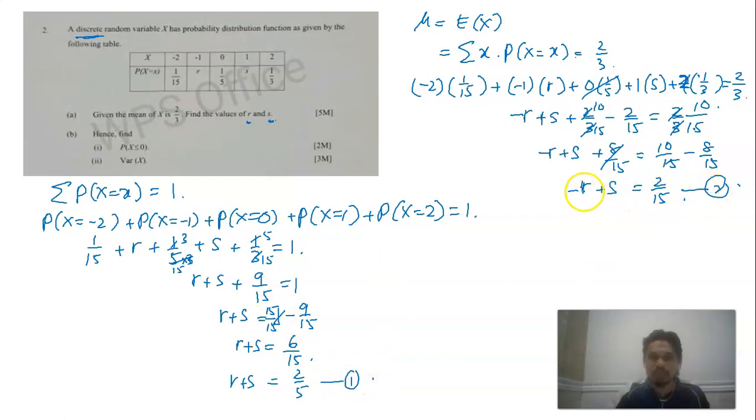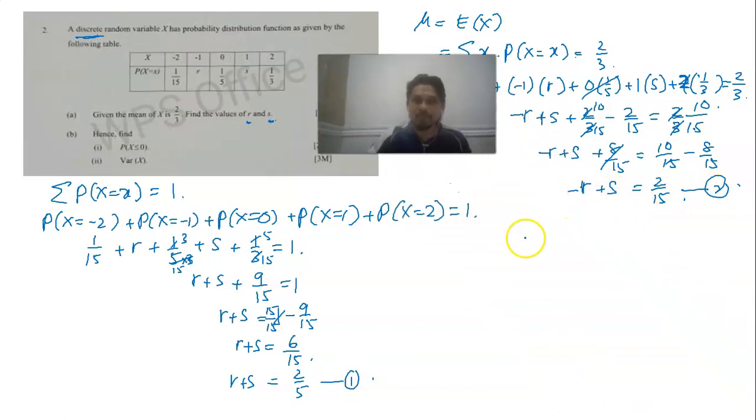What we have right now is two equations, equation 1 and equation 2, and two variables, r and s. So what's next? You can use what we call the substitution method or the elimination method. Let's add equation 1 and equation 2.